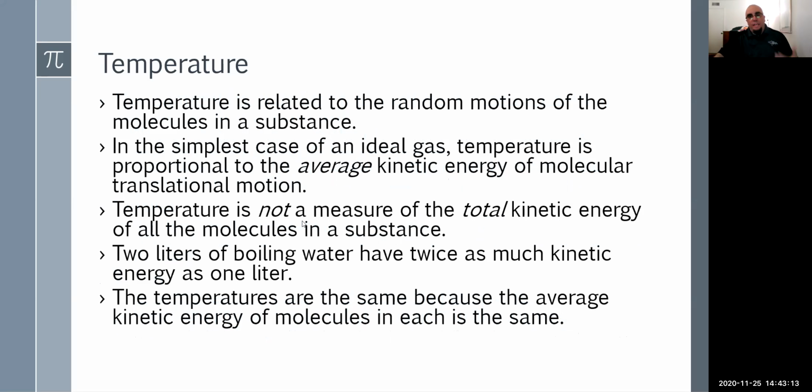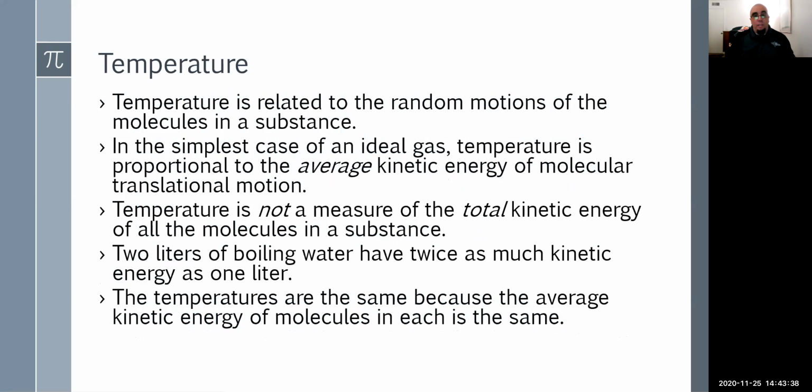So temperature is related to the motion of molecules in a substance, right? In an ideal gas, temperature is proportional to the average kinetic energy of translational motion, right? Stuff moving. Temperature is not a measure of the total kinetic energy of a molecule, though. It's not the total kinetic energy that a substance has, but more about the relative kinetic energy it has.